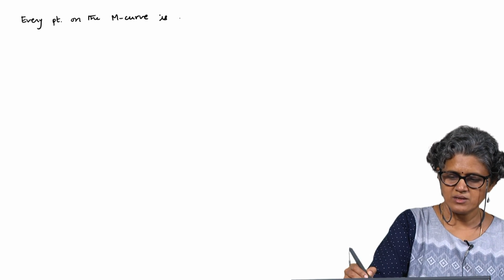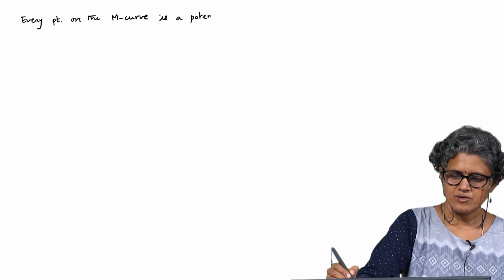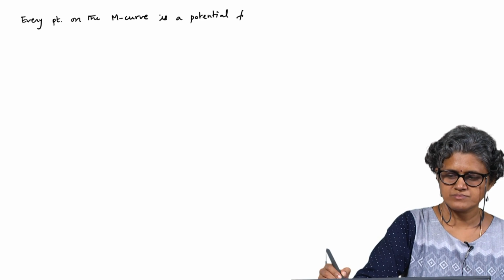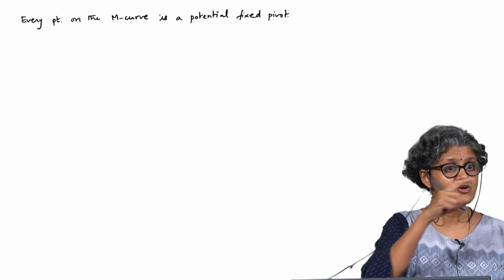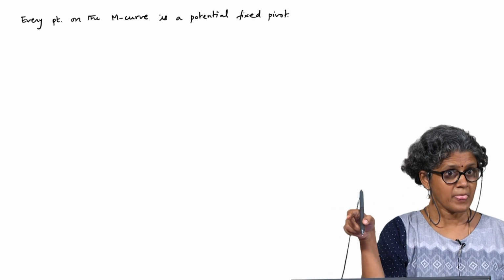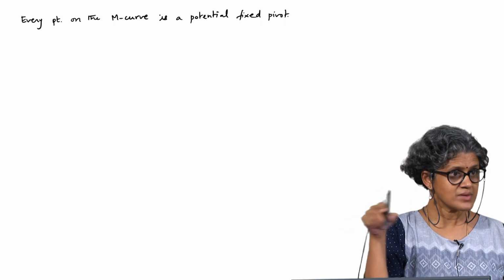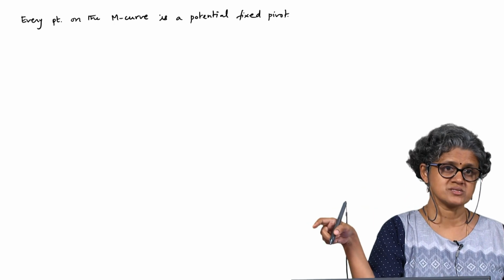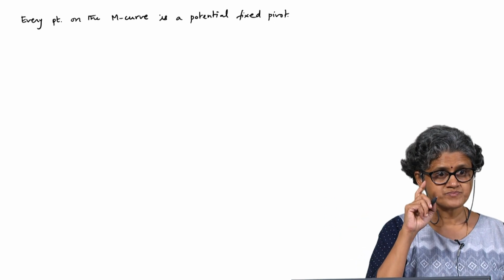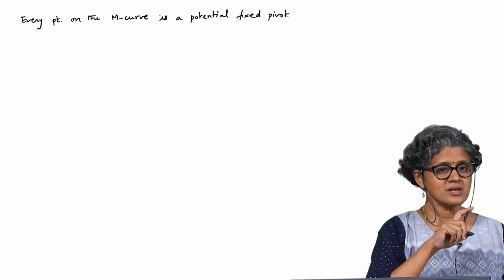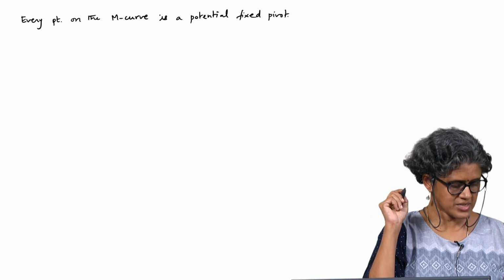Therefore, now you have an infinity of solutions as long as it lies on that curve. You pick a point on that curve; there are an infinity of points on a curve. So, any point that you pick is a potential solution for the fixed pivot.